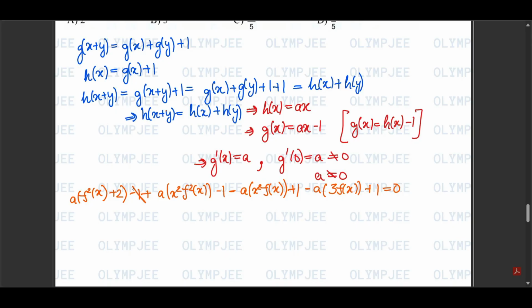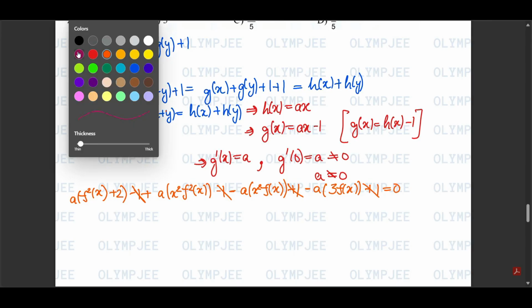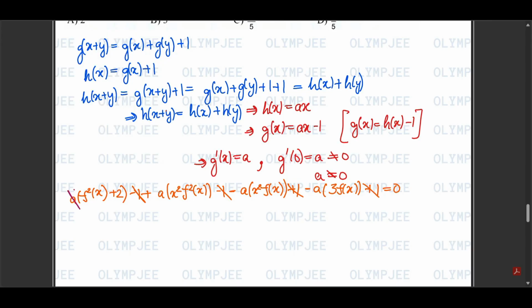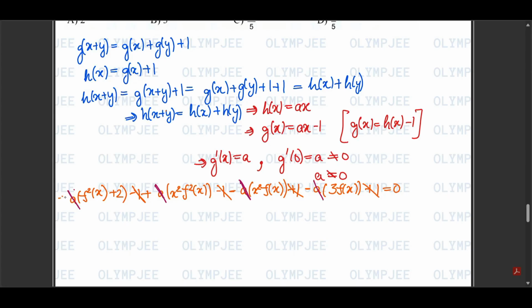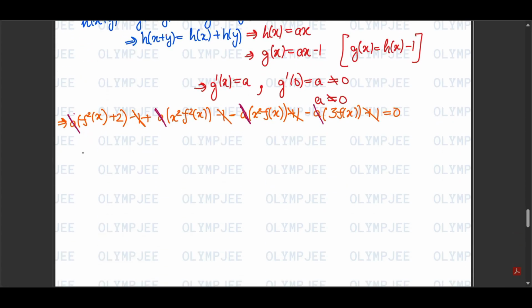So these constant terms will cancel out, minus 1 minus 1 plus 1 plus 1, and we have already proved that a is not equal to 0, so we can cancel out a also. So I will cancel out a. So this will finally give us f²(x) multiplied by (x² plus 1).